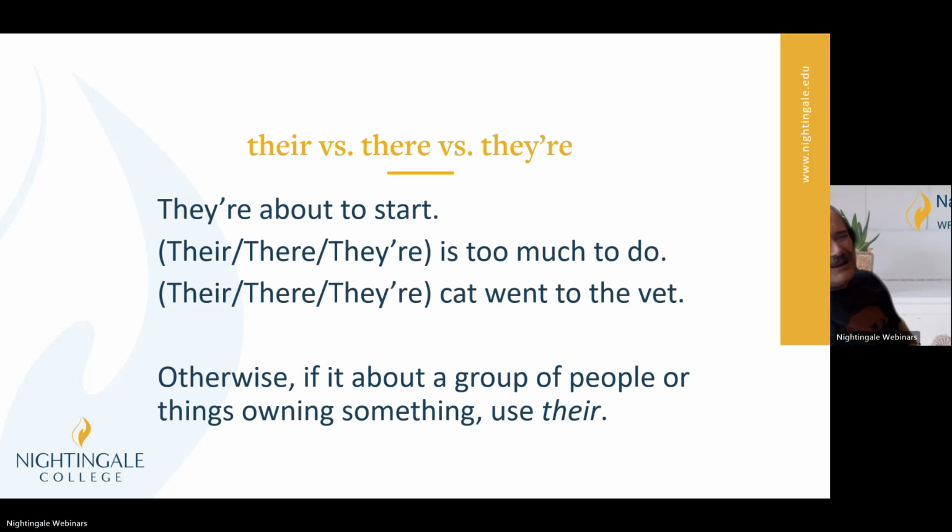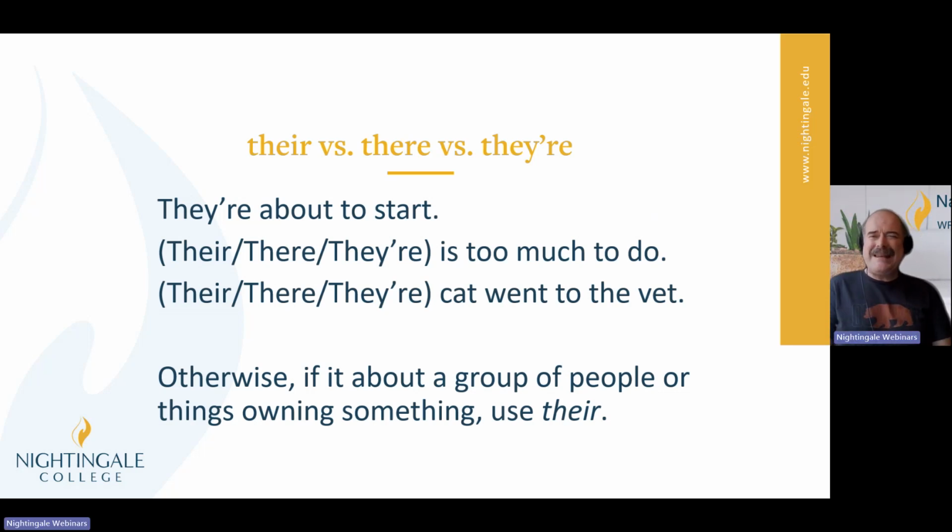Well, T-H-E-I-R is another one of those possessive pronouns. So if the word seems to be about possession, then a group of people or things owning something, you're going to use E-I-R. Let's check these two sentences. There is too much to do.